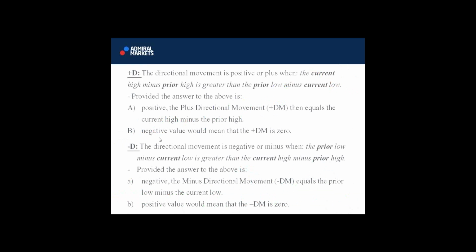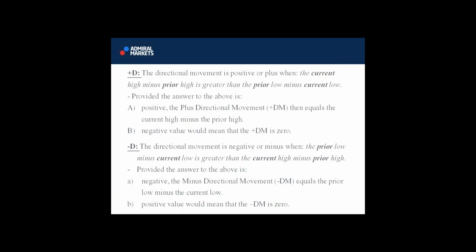I was doubting about sharing this. It's a bit boring maybe, so bear with me for one second. But basically, just to give you an idea, for those who are curious, what is that plus D and what is that minus D? It is positive because the current high minus the prior high, so it's just the high now minus the previous high, very simple, is greater than the previous low minus the current low.